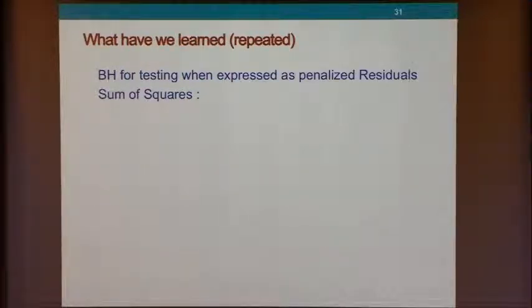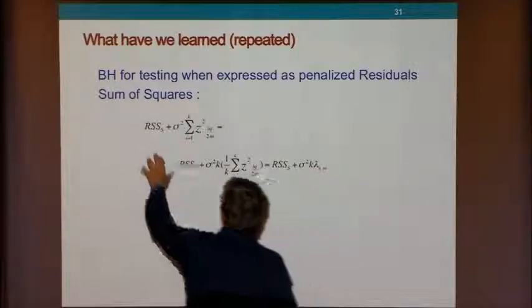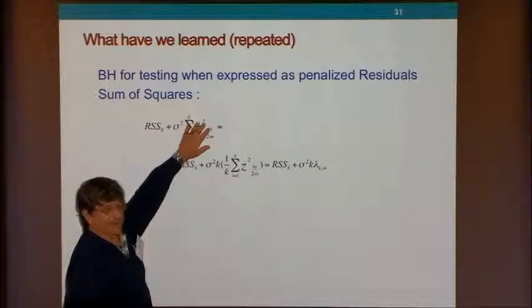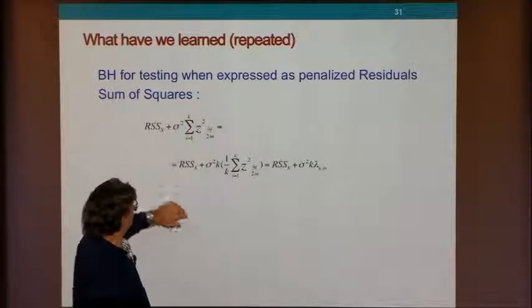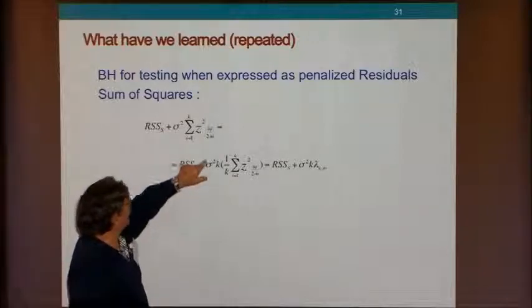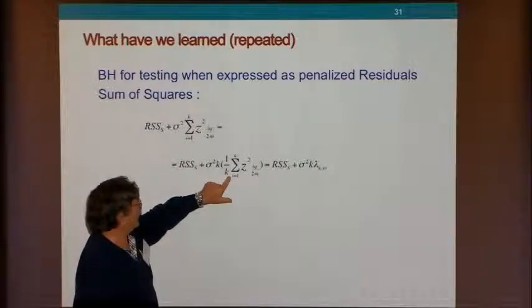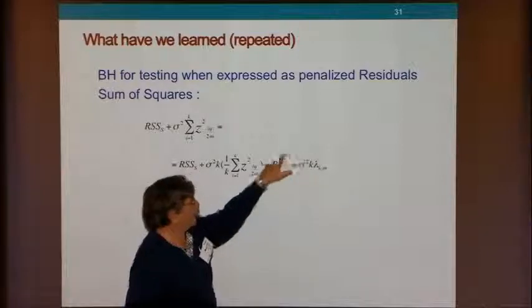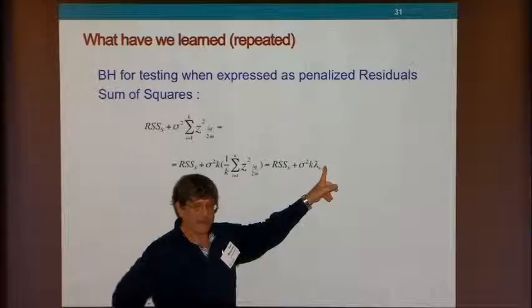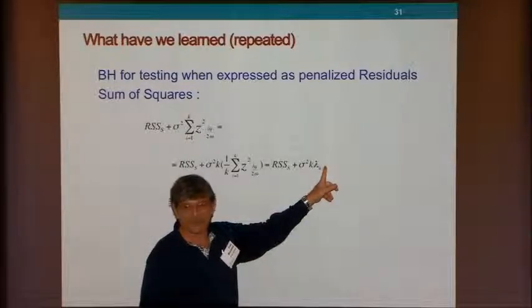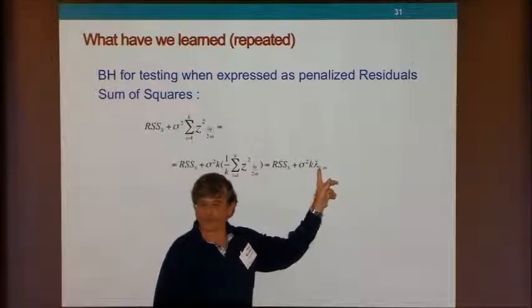So let's express it as a penalized residual sum of squares as here. I'm taking the residual sum of squares, adding the penalty that served us so well in the orthogonal case. And notice that if I'm multiplying and dividing by k, I have the same type of behavior, but now the penalty per parameter depends both on the potential number of variables and on the size of the model chosen.